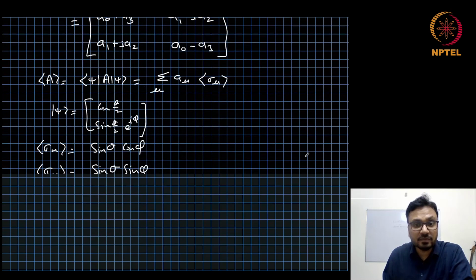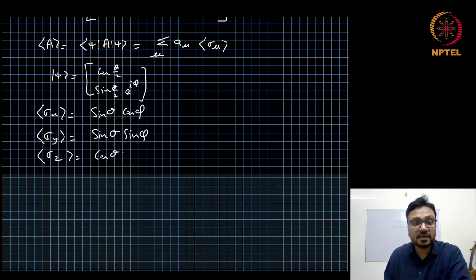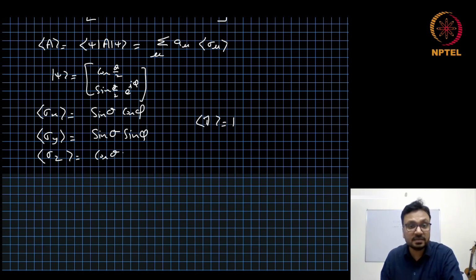So for a given state psi, we can calculate the expectation values of sigma x, sigma y, sigma z. Expectation value of identity is 1. And so from these expectation values, we can calculate the expectation value of an arbitrary observable in the lab.